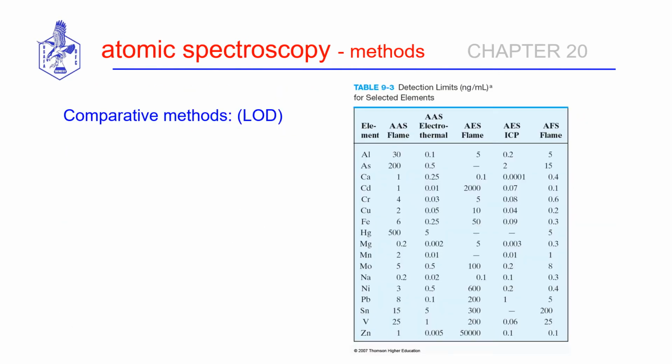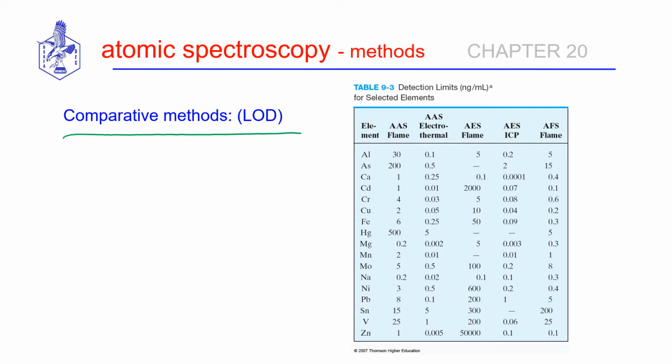To further illustrate how these methods compare with respect to the figure of merit known as the limit of detection, remember that's the least amount of analyte species that gives a signal that's at least 3 times the standard deviation of the blank sample. It kind of depends on the element we're analyzing.